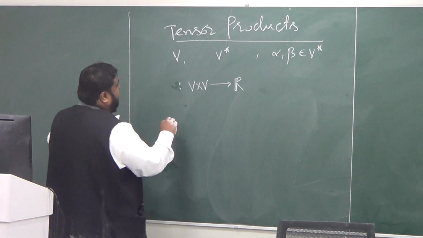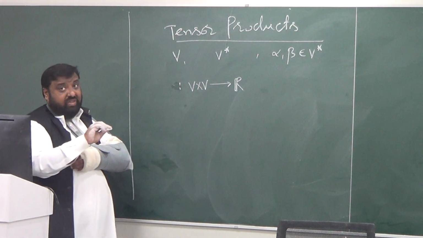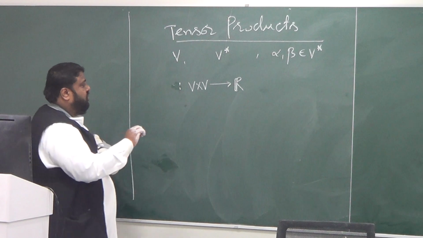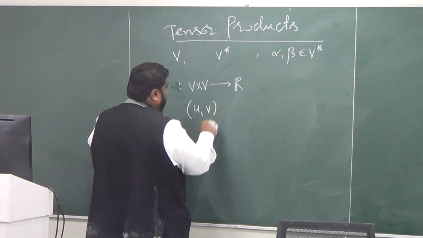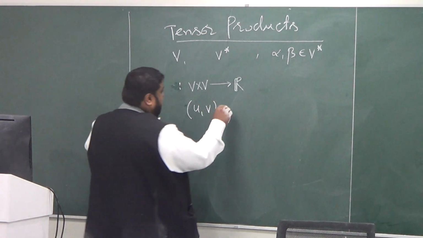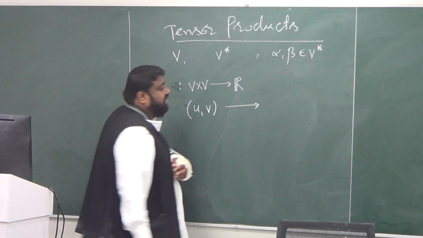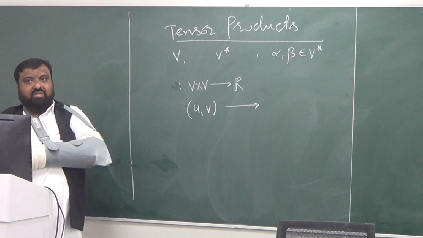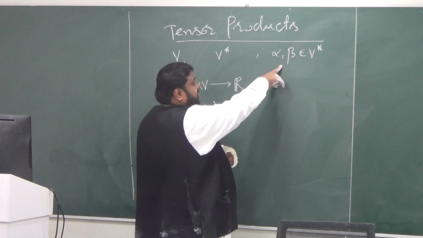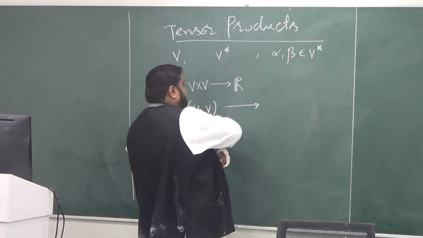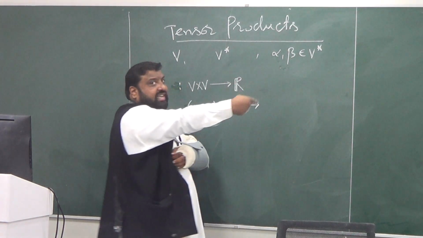So let me have a map which takes two vectors, say u and v, and gives me a number. If you have two vectors and two maps, using these inputs, how can I create a number?